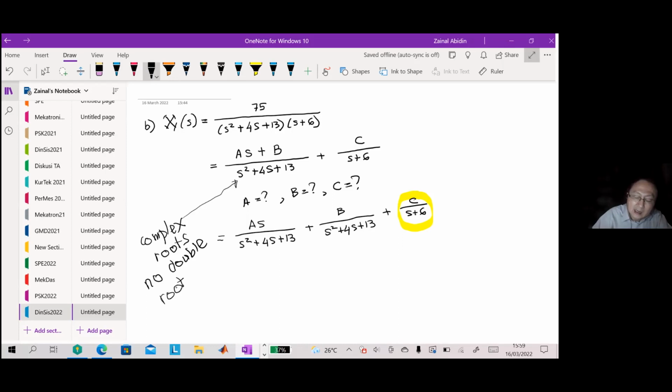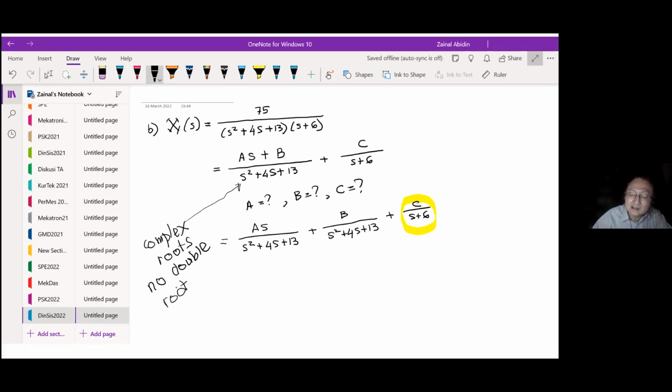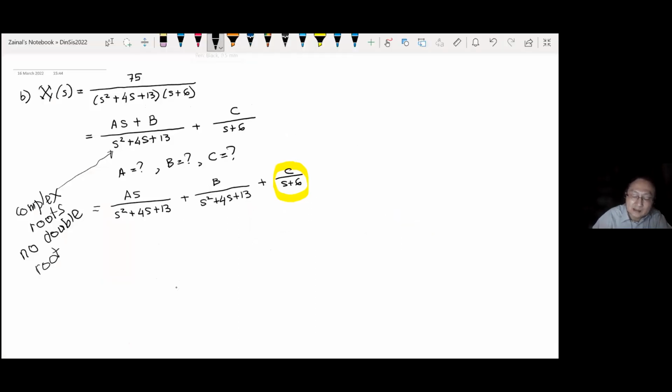Double root. The numerator of this one, look, the order must be less than this one. Even at the end, you find, for specific case, it's possible that a equals 0.